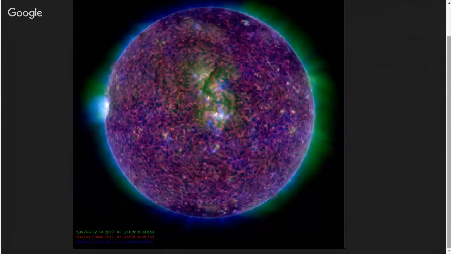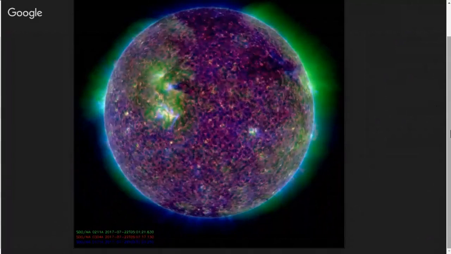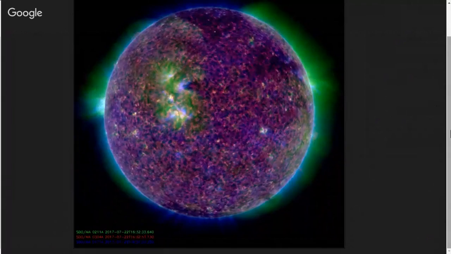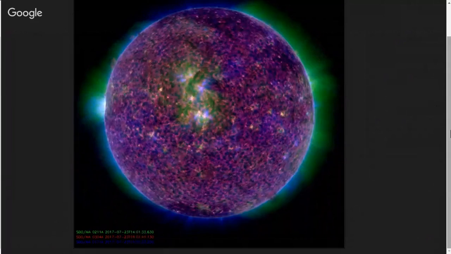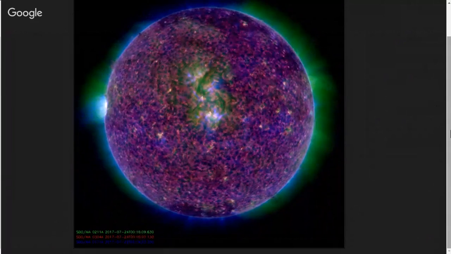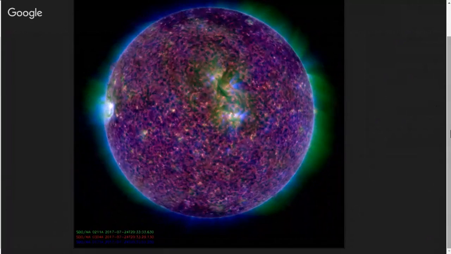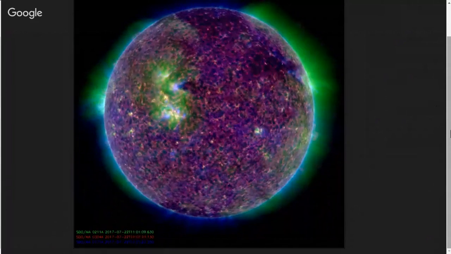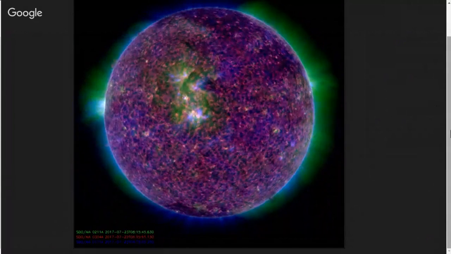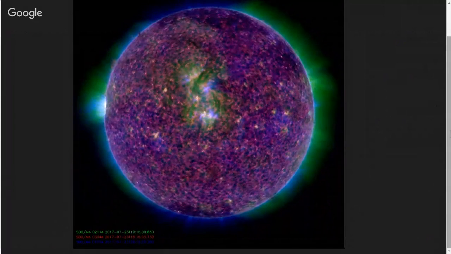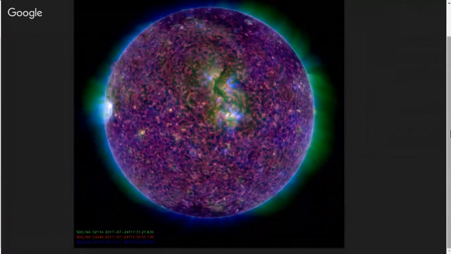I believe the blue is the 350, and then there is one other one. I cannot quite see which one it is. It's the 304, maybe. Yes, it says the 211, the 304 and the 171. The 171 is actually the yellow one, but we see blue there, which is strange.